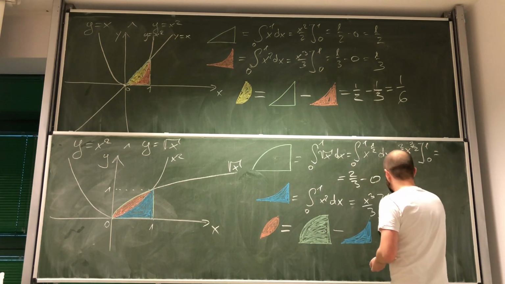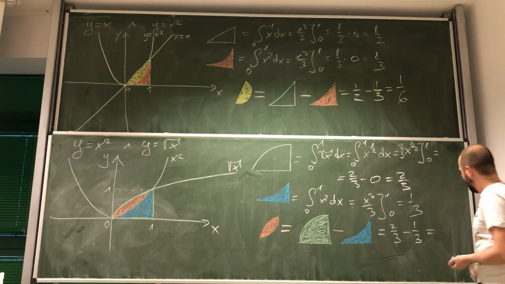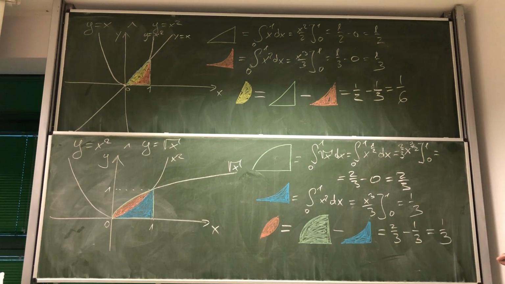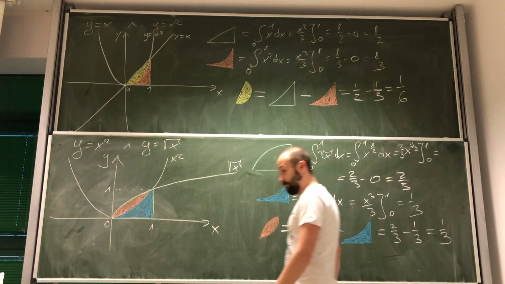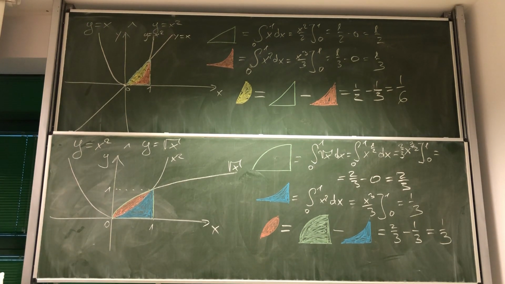And we get that this is 2 over 3 minus 1 over 3, which is equal to 1 over 3. Okay, and this is it. This is basically how we calculate it.